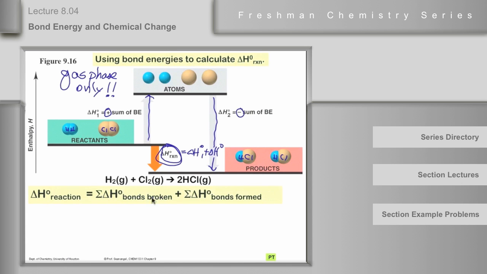Okay? These are the bond energies. Plus delta H of bonds formed. And this term is endothermic, that's this one up here. And this one is exothermic. So we'll do our calculation. We'll look at the bond energies and see what the results suggest.